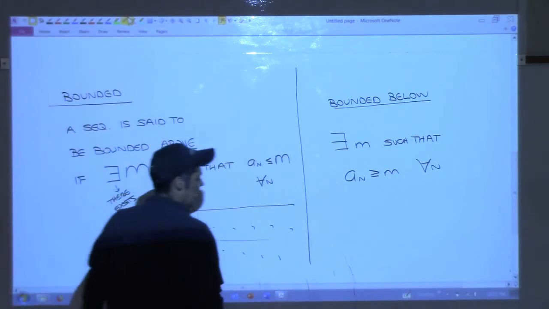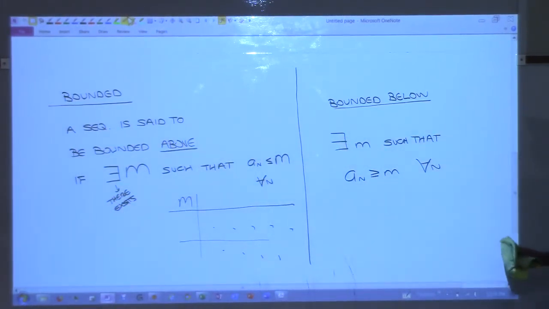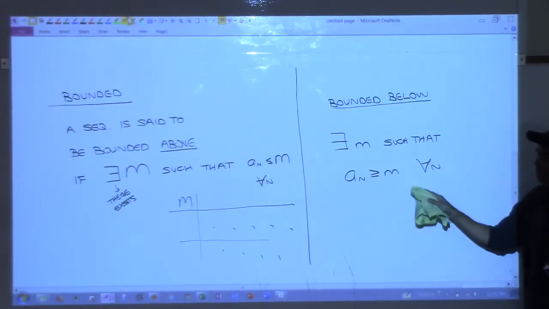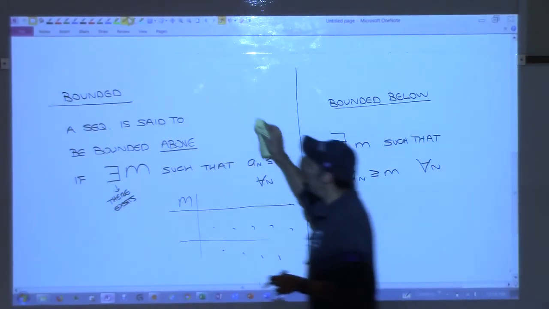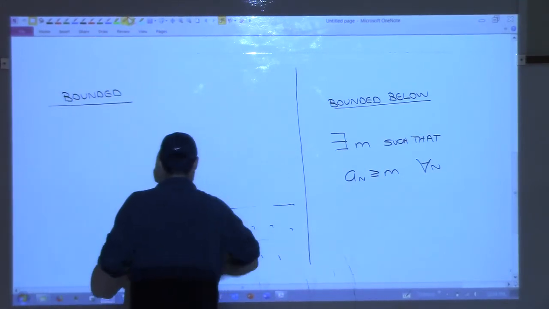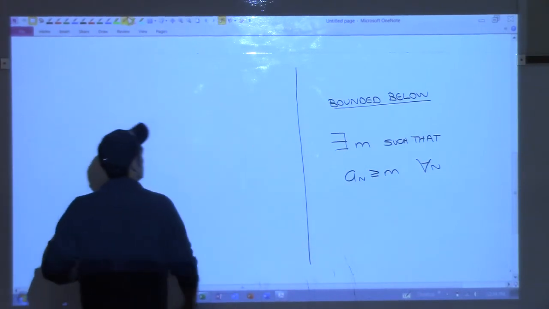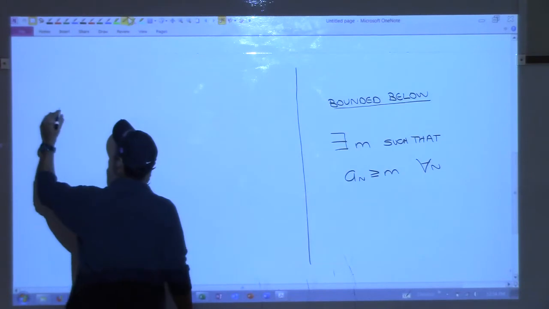All right. Last little definition. So do y'all understand bounded above? There's like a ceiling. Bounded below means there's like a floor, and your sequence is always between those two. So now, what about if you just say a sequence is bounded?